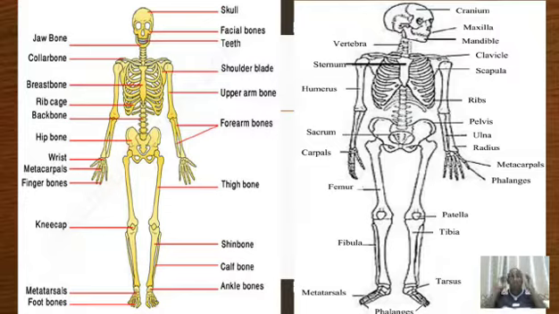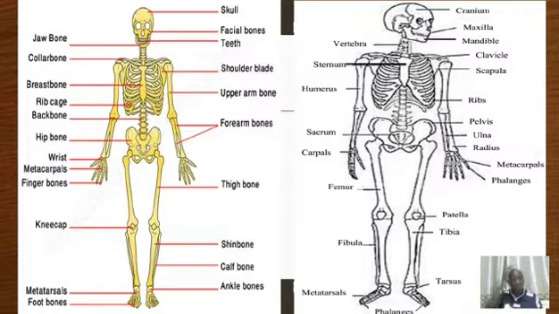But when we talk of the skull, it is made of this bone which we call the cranium, that one at the front, just like we see it labeled there. But it is also made of the jaw bones, where we find the teeth, or the mandible. These teeth are attached onto the jaw bone.